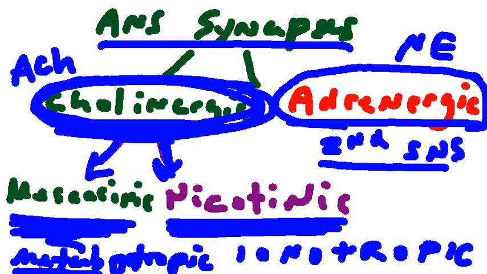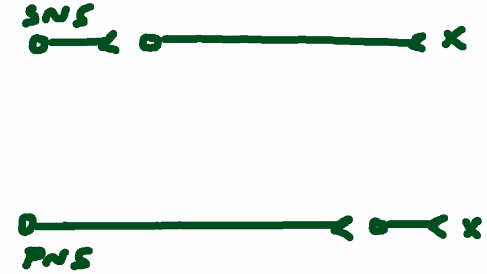So let's finish up this video by understanding which synapses in the autonomic nervous system are cholinergic and which are adrenergic. This is easy to remember because both of the synapses in the parasympathetic nervous system are cholinergic. Another principle we remember is that all synapses that occur within ganglia are cholinergic.